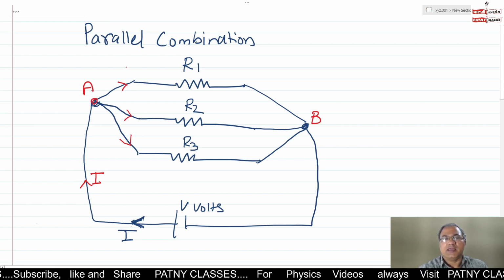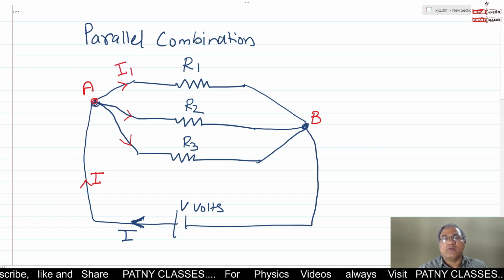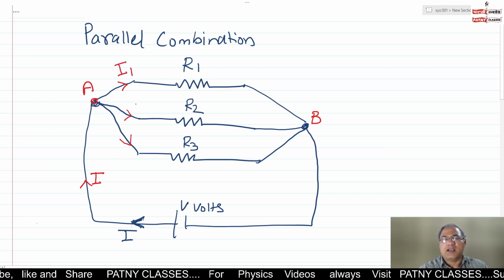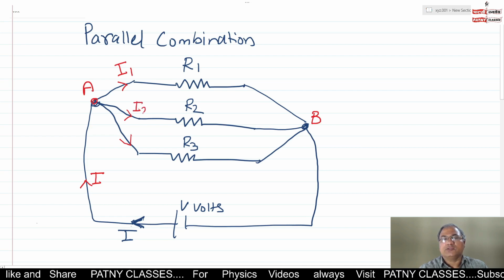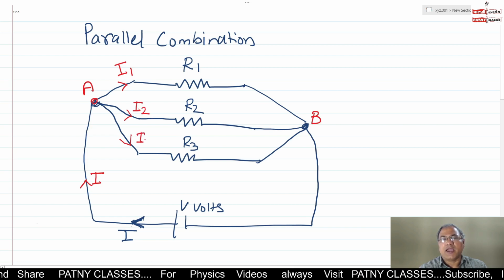So let's say the current flowing through R1 equals I1, the current flowing through R2 equals I2, and the current flowing through R3 equals I3.